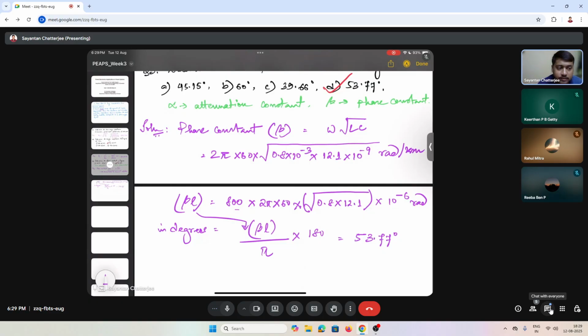Is the procedure correct? Yes. So you will get this value. I have not gone into the calculation, so I hope you understand. This is the final answer.